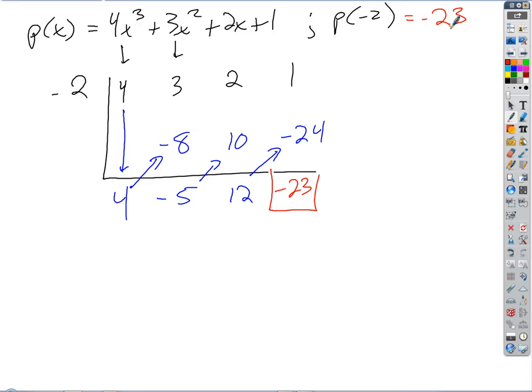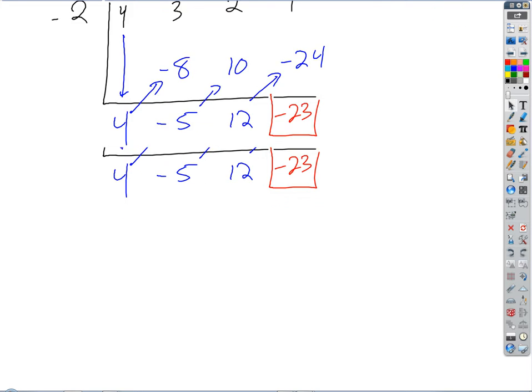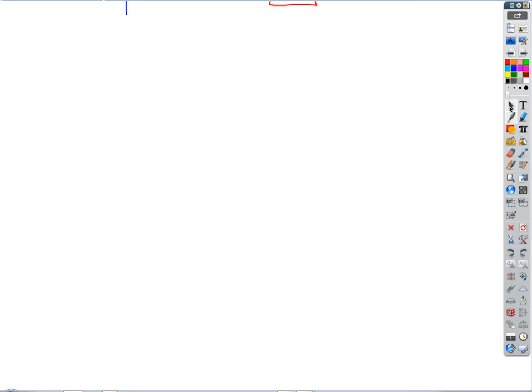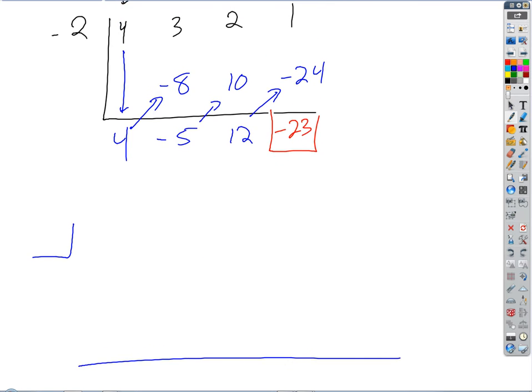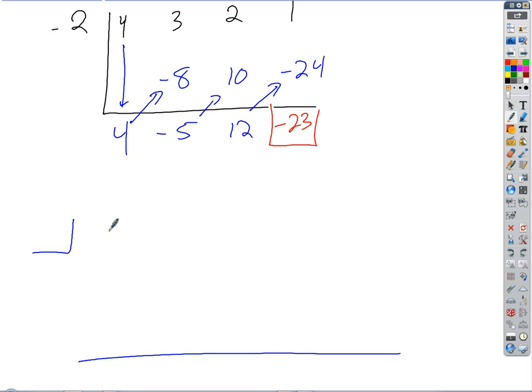Okay. Try that. Grab a Chromebook real quick. Just want you to try this one. Wait, how? You cut the 5 through the 4 pounds?